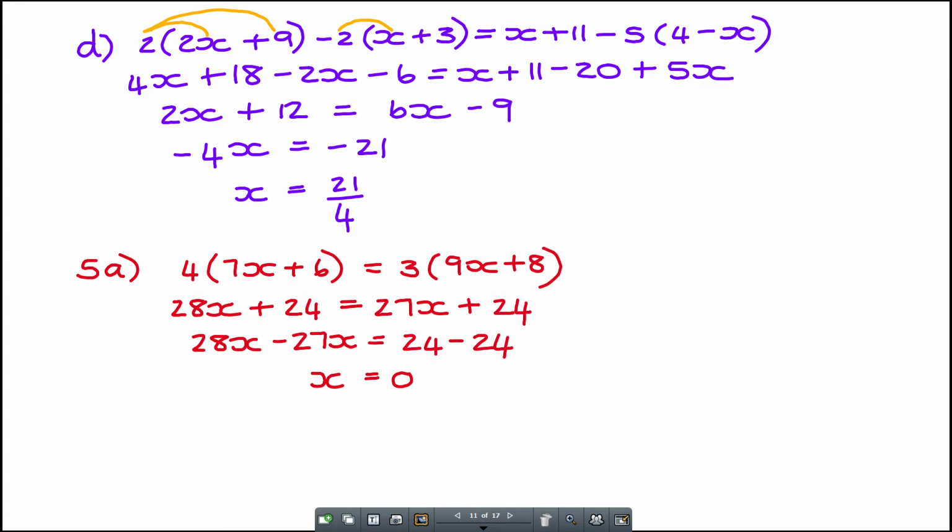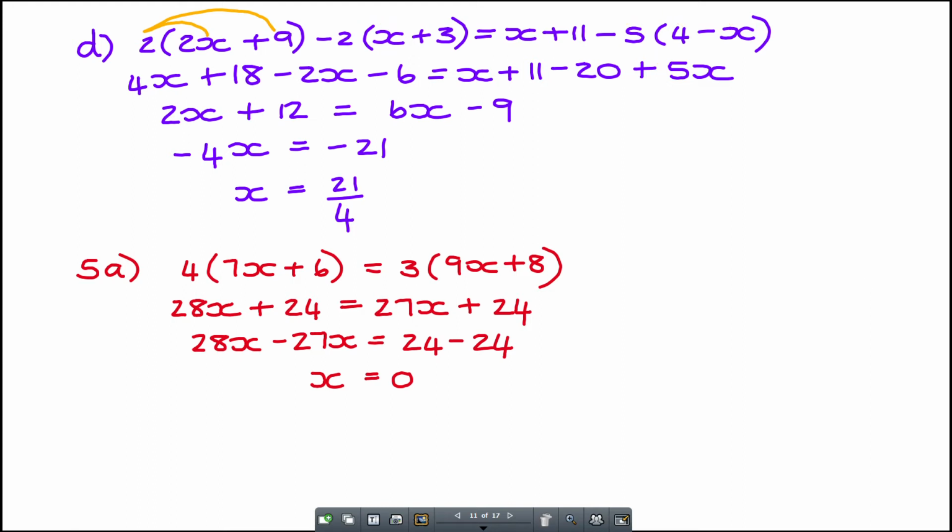And this is where you made the mistake. Minus 2 times positive 3 will give you minus 6. Did you have minus 6 there? Okay. Equal to x plus 11. And now here, minus 5 must be multiplied in. Minus 5 times 4 gives me minus 20. And minus 5 times minus x gives me positive 5x. Okay?